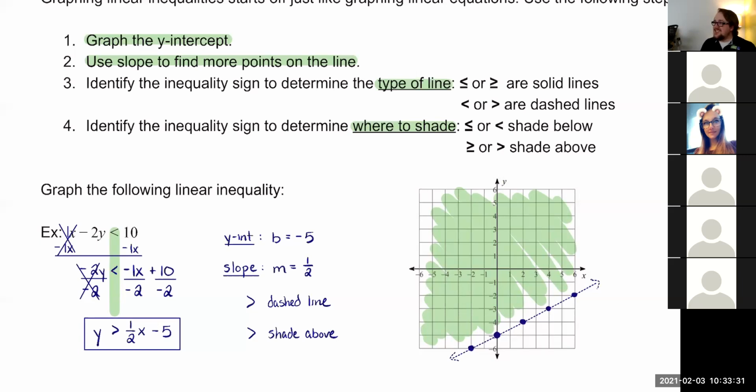He shaded on the exact wrong side of the line because the sign was supposed to have flipped. So Johnny had to take his eraser and erase and erase. And you all know when you shade super dark on a piece of paper, you're never going to get it all off of there. And then he had to go and shade the opposite side.